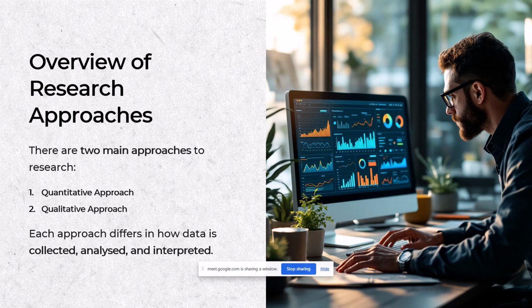The first one is the quantitative approach. The second is the qualitative approach. And to differentiate those approaches, we can look at how they collect the data, and how they analyze and interpret them.